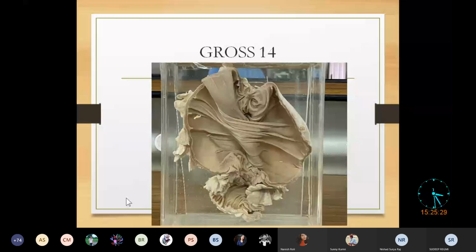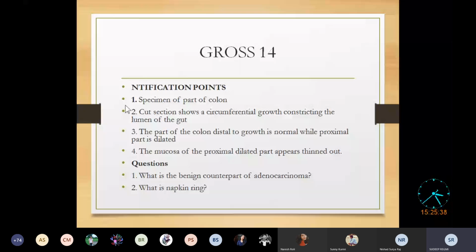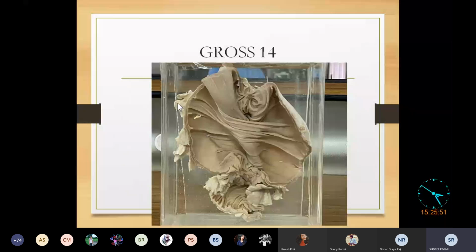Here it is a specimen of part of the colon where we see cut section showing a circumferential growth constricting the lumen of the gut. The part of the colon distal to the growth is normal, while the proximal part is dilated. This is the distal part and this is the proximal part.